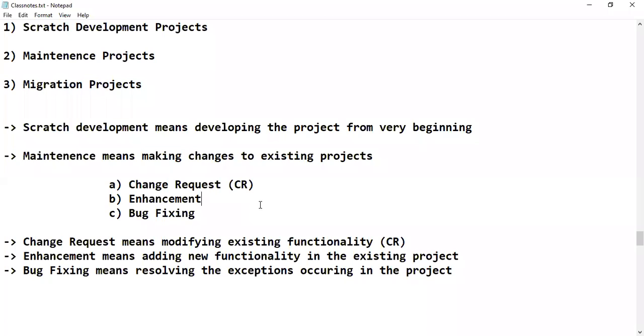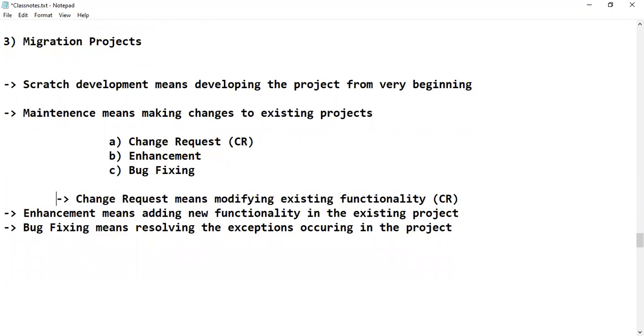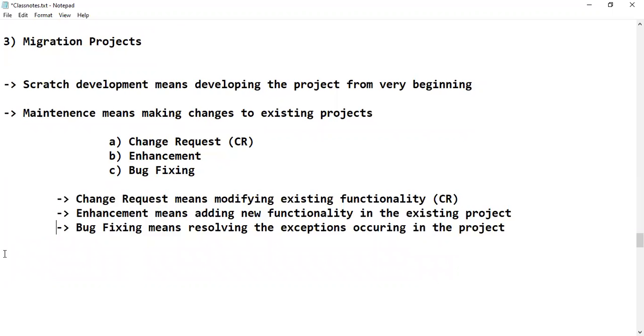The client may want us to add new functionality in the existing project. Currently, the client has a bus ticket booking facility. They want us to add train ticket booking. Then they can go for enhancement. Bug fixing means whatever code is available is not working, sometimes giving exceptions. In order to resolve those exceptions, we go for bug fixing tasks. That is called a maintenance project.